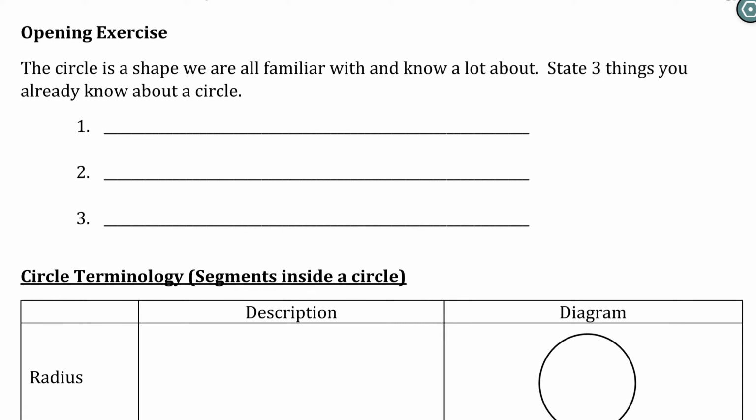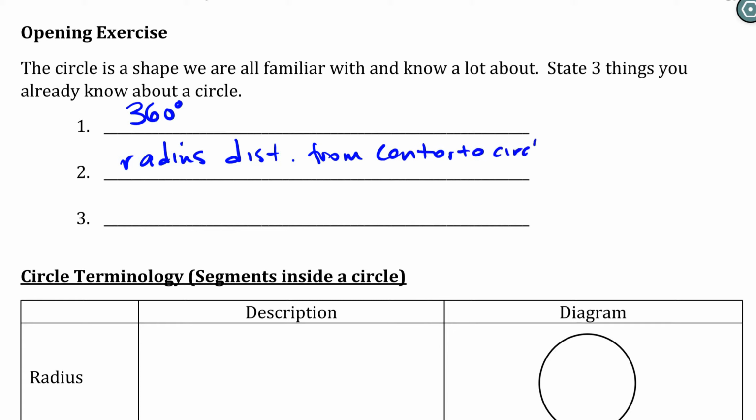So first things first, the opening exercise. I want you to be able to tell me 3 things that you already know about a circle. So there's a couple things that you should really know. We should know that a circle has 360 degrees. You should know that a radius is the distance from center to the circle.